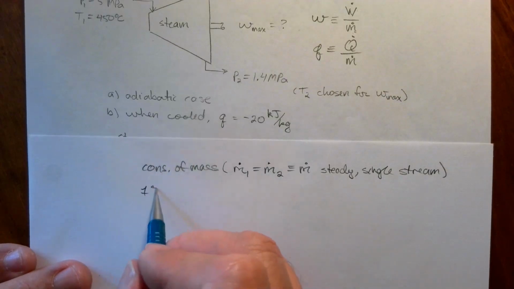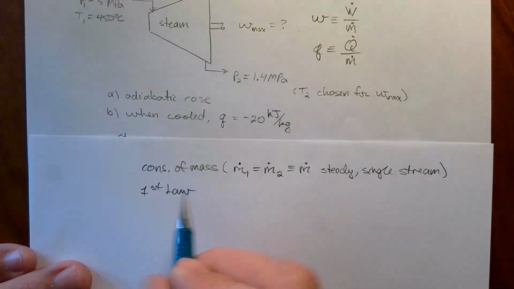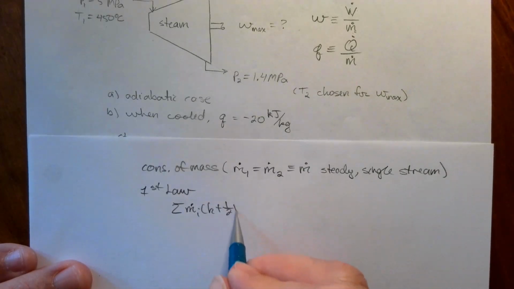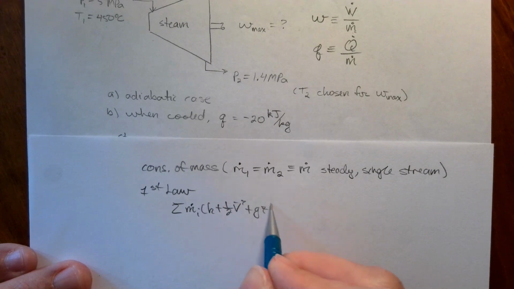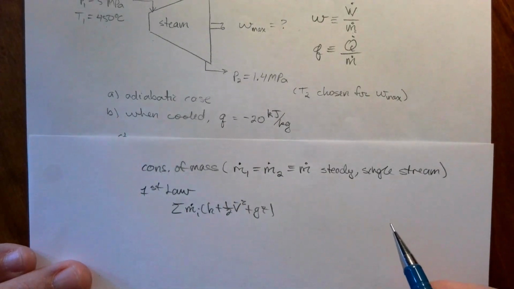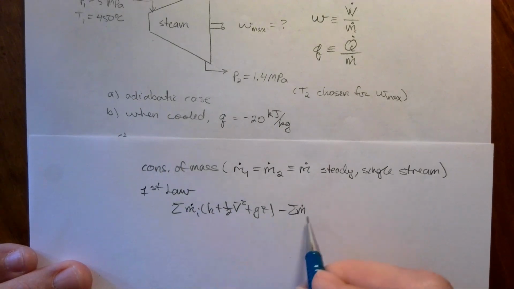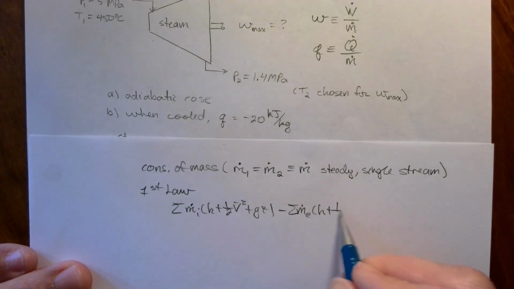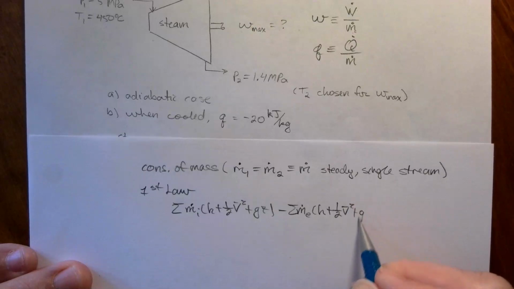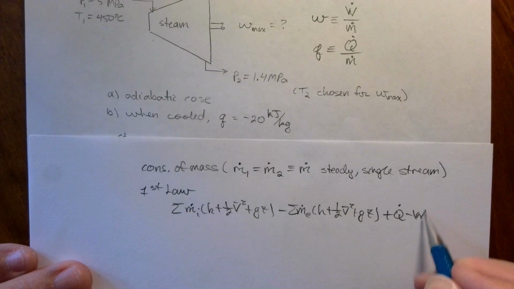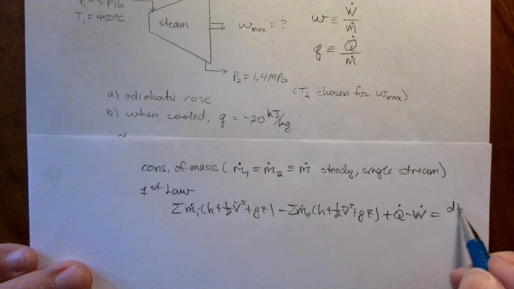Okay, so now let's do the first law. So we'll just write it out. Summation of m dot in times h plus the kinetic energy plus the potential energy per unit mass, minus m dot exit times h plus one half the velocity squared plus gz, plus q dot minus w dot equals 0.